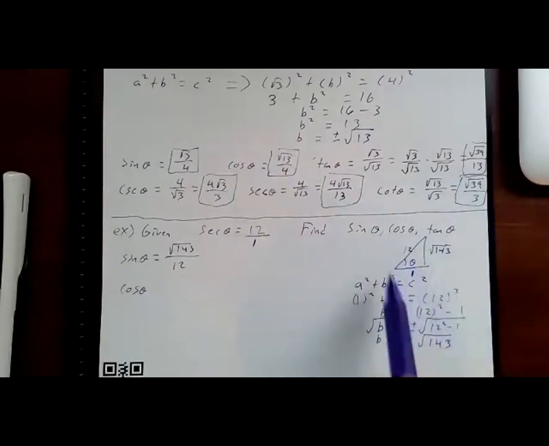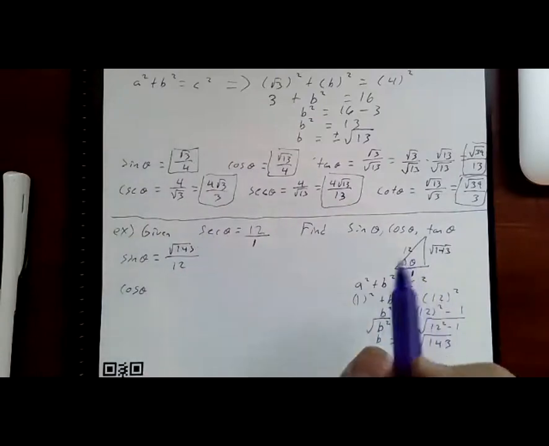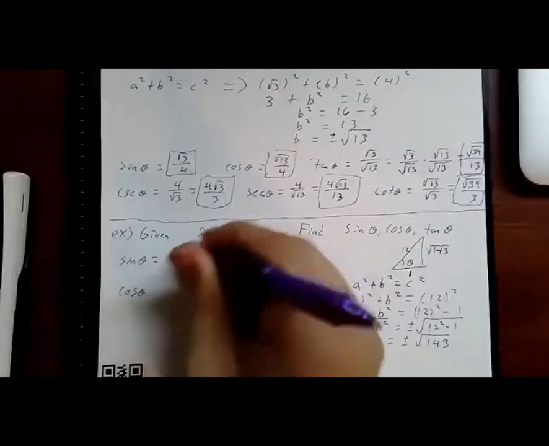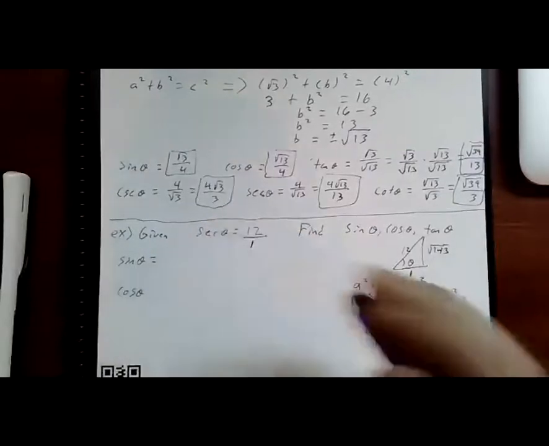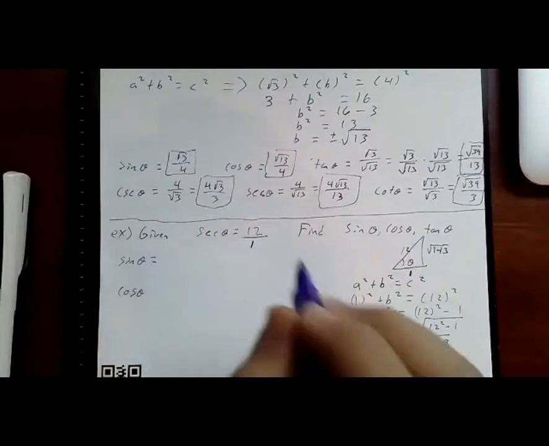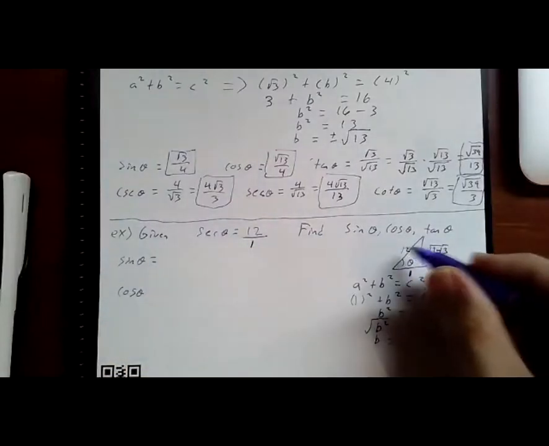Once you found your triangle, just use the definitions of sine. So I'm going to add the definitions just so you get them stuck in your head, right? Remember, SOHCAHTOA, sine is opposite over hypotenuse.